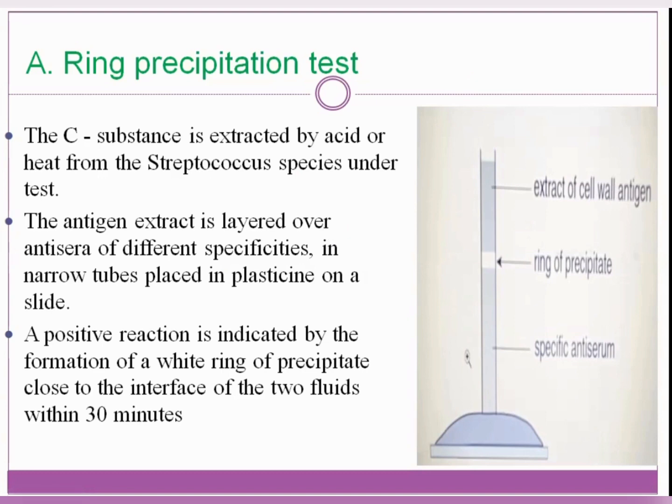The C substance, that is the antigen, is layered over the antisera of different specificities in narrow tubes placed in plasticine on a slide. In these narrow tubes, the specific antiserum is added first, and after that the antigen extract, or C substance extract, is layered over it.